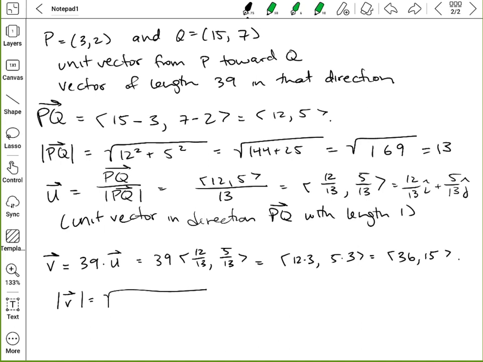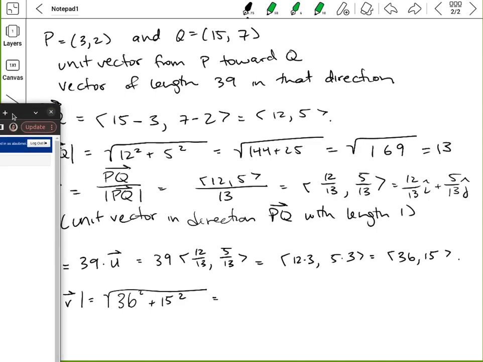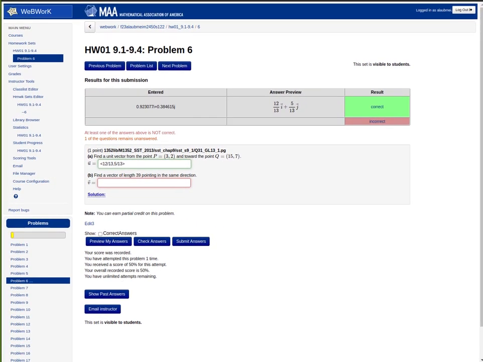So if I do 36 squared, wow, my handwriting got really bad. If I do 36 squared plus 15 squared, that's going to be the formula for length, and I can't do that myself, so I'm going to go ahead and just bring this back real quick.